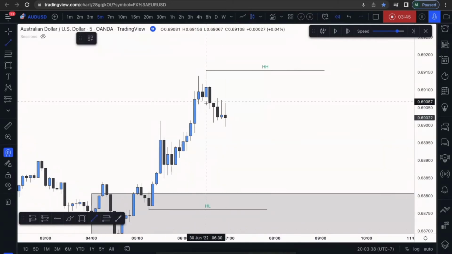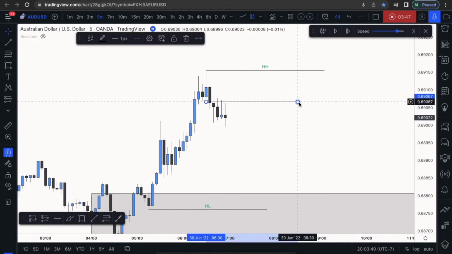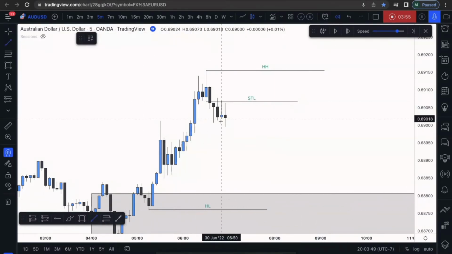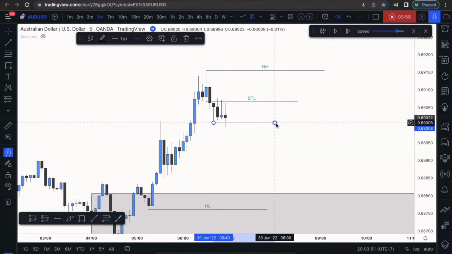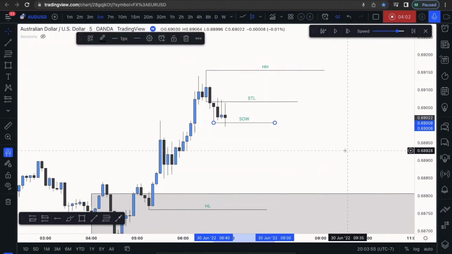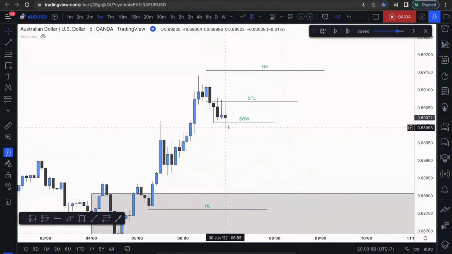So as you can see, price broke a short-term low here. So this was my first short-term low the price broke, and then price again broke another short-term low, which we consider to be a sign of weakness.